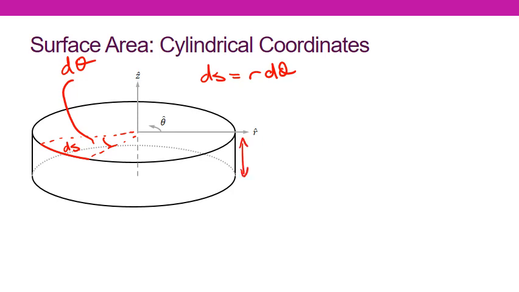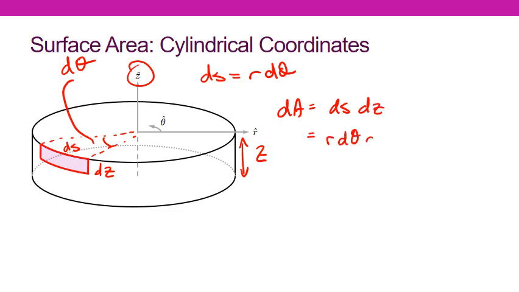We want to go along this direction, and this again is the z direction. So we need a thickness. We need a piece that looks something like that. We've got ds. What is the other side's length? Well, this is a dz. And so now our dA is going to be ds times dz, or in other words, r d theta dz.